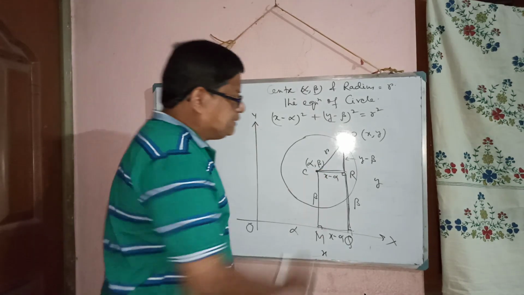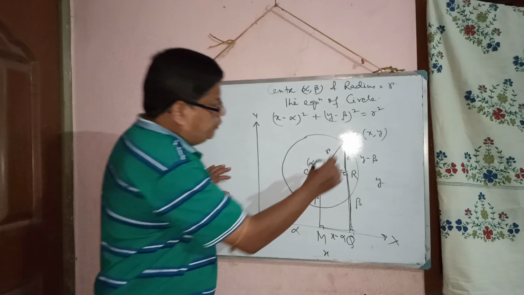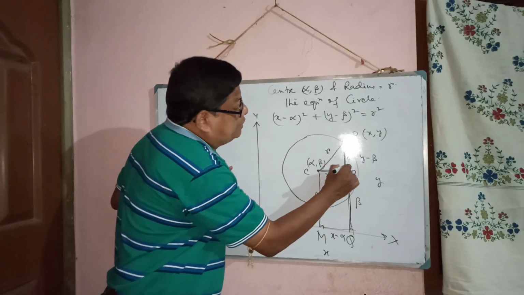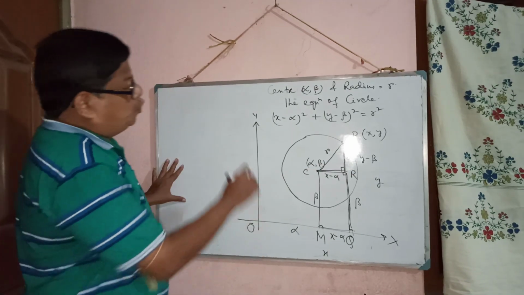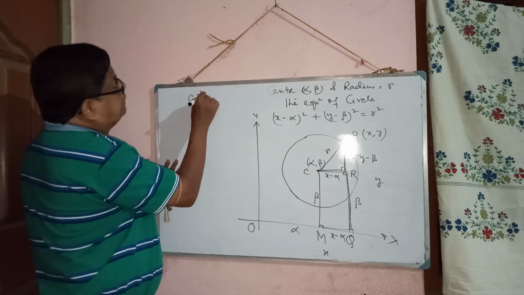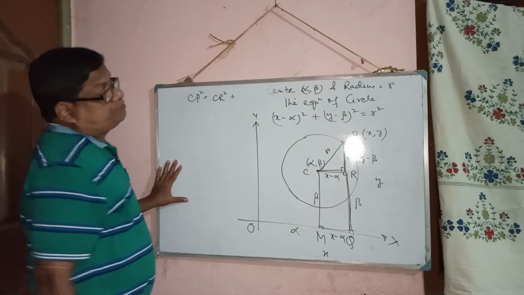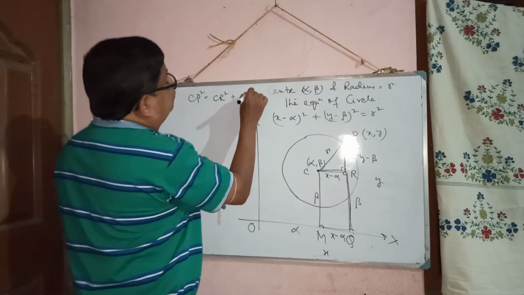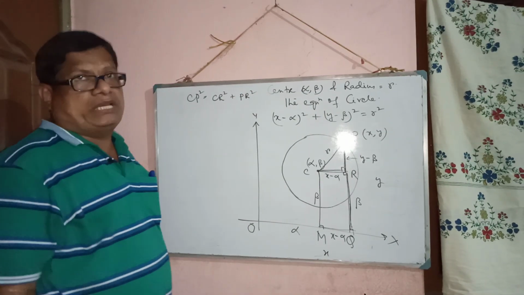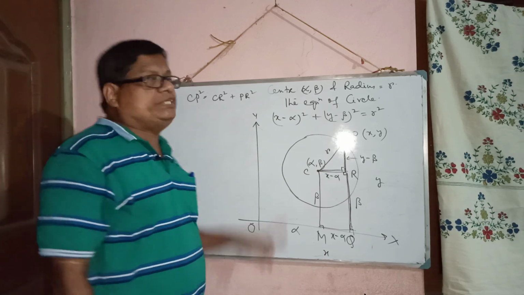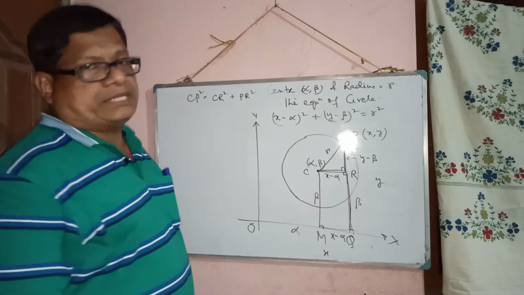Now if we consider this triangle, this is perpendicular, so CP square equals CR square plus PR square.